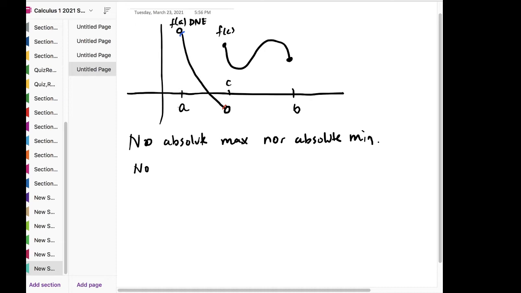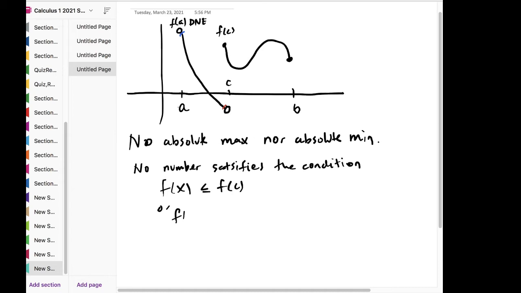No number satisfies the condition f of x less than f of c, or f of x greater than f of b. I shouldn't use these letters, but yeah.